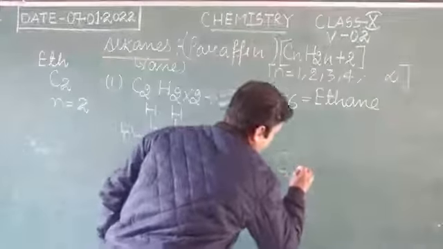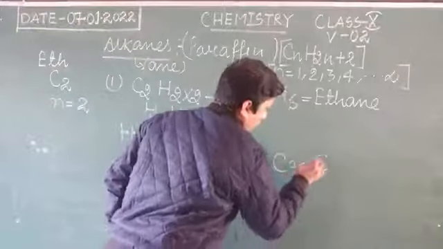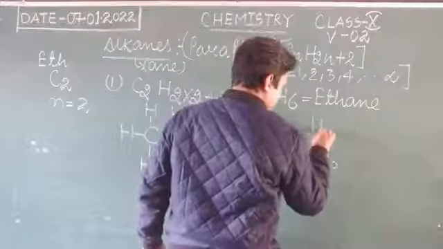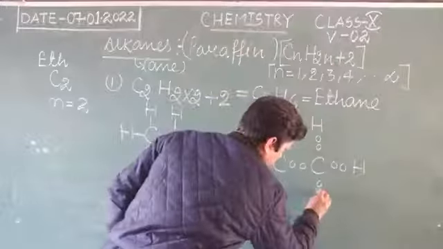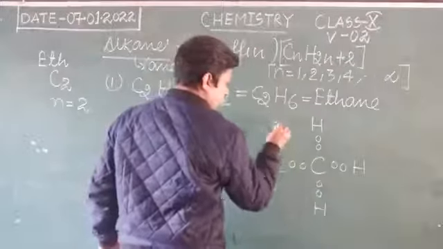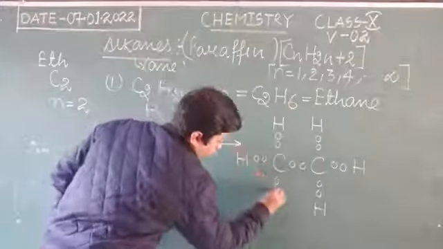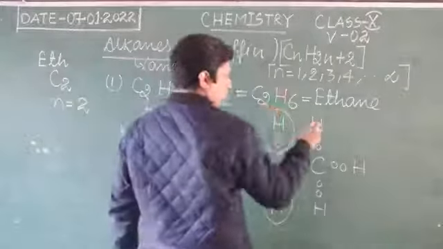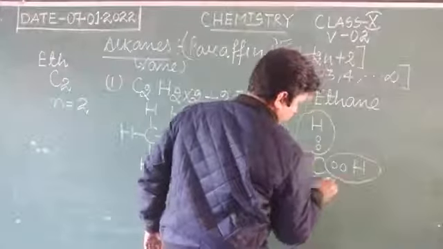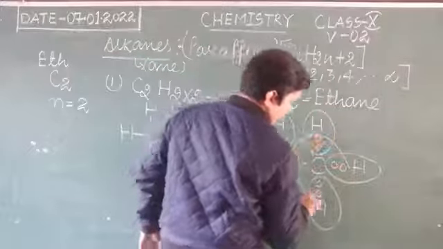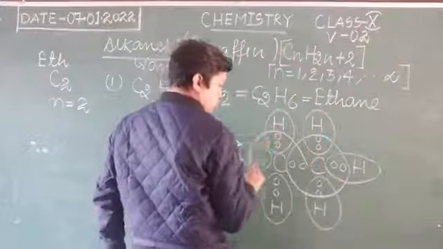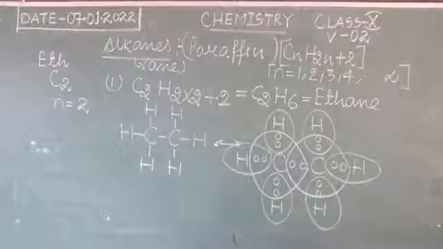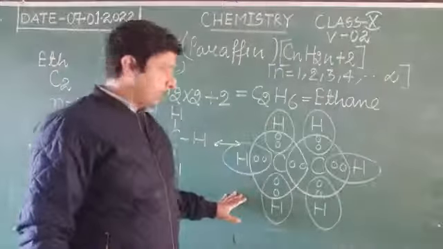Electron dot structure. This is the electron dot structure of ethane.